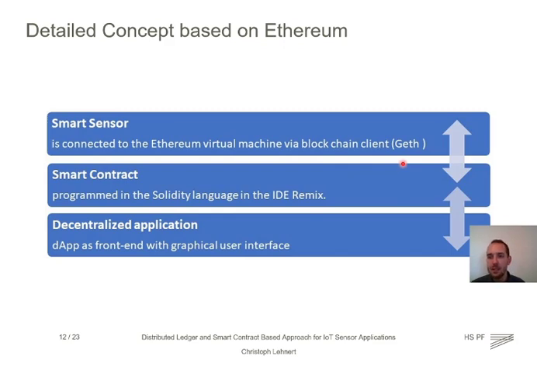In Geth, processes can be automated, and this program also has low hardware requirements for the smart sensor. Because Geth is operated via commands in the terminal, this program is perfectly suited to automate recurring processes in a script.